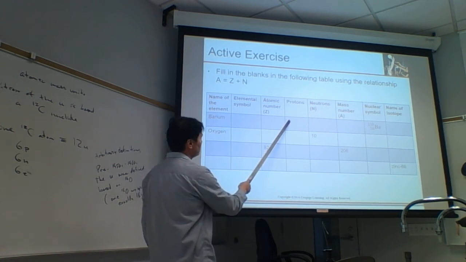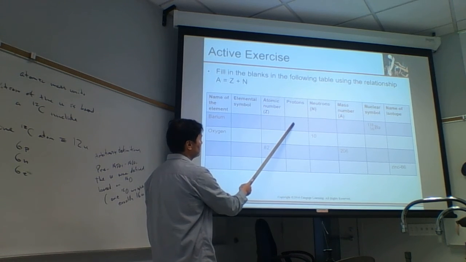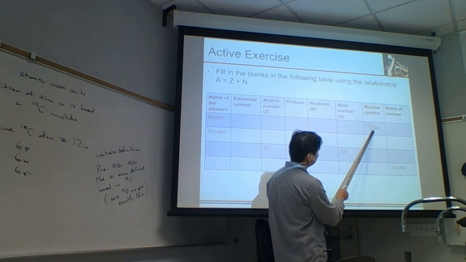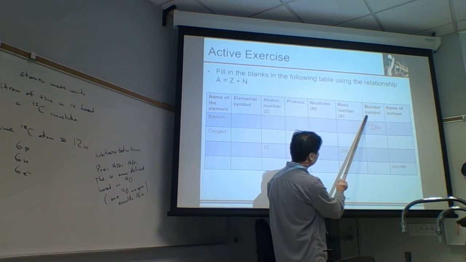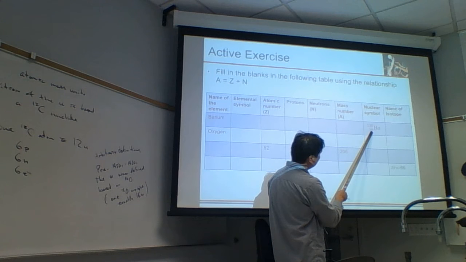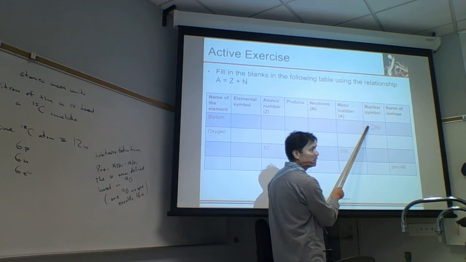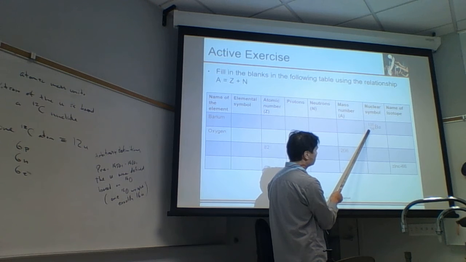The number of protons? 56. Now the number of neutrons. If we have 56 protons here, this is the nuclear symbol here, so it's a little different. But if we have 56 protons, how many neutrons do we have? It would be 138 minus 56.